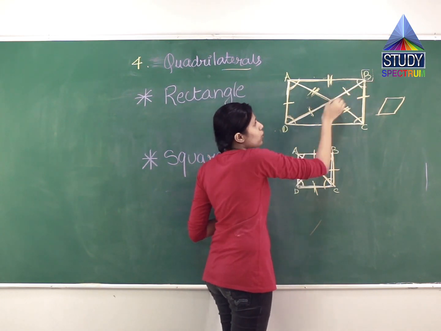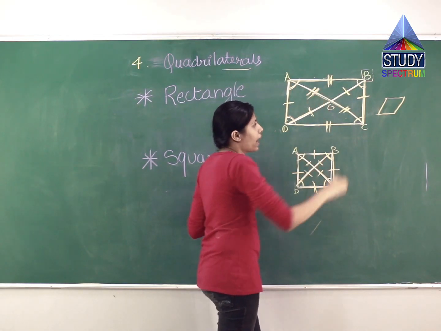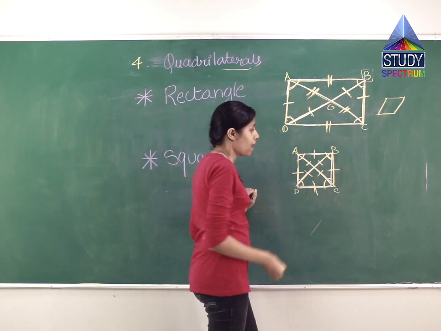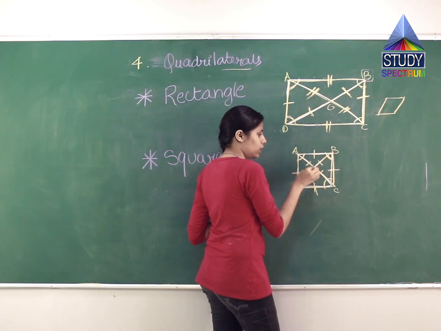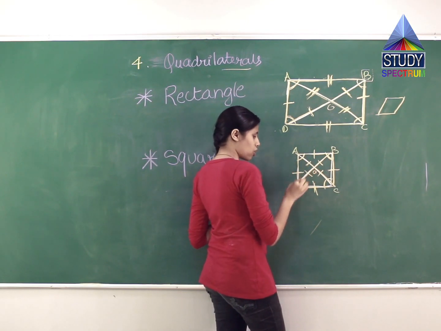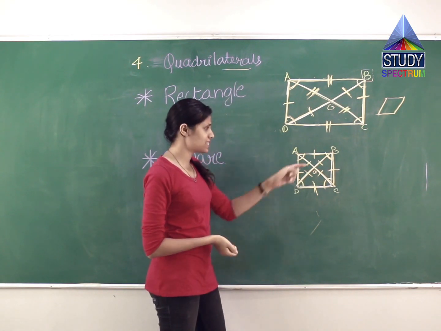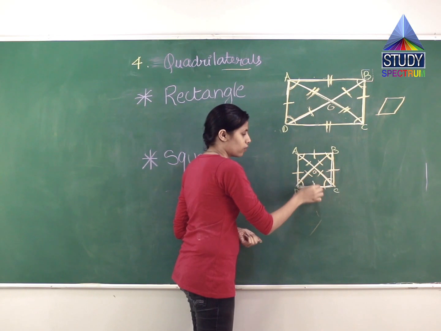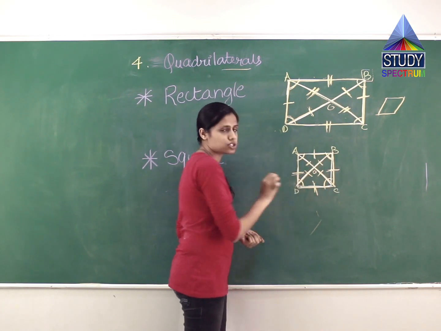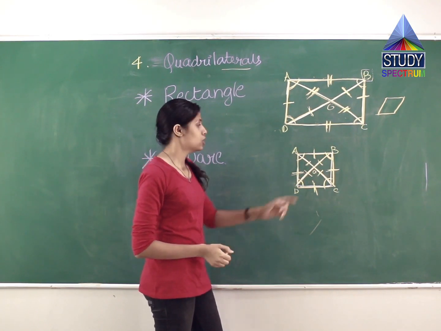We cannot say BO is equal to AO because see, here it is represented by 2 and here it is represented by 1. But over here, if this is O, BO is also equal to AO, is also equal to DO and is also equal to CO. Why does this happen over here? It happens because all the sides are equal, so the bisectors are also equal. So ultimately the half part is also equal.